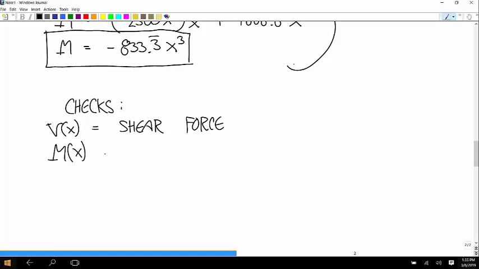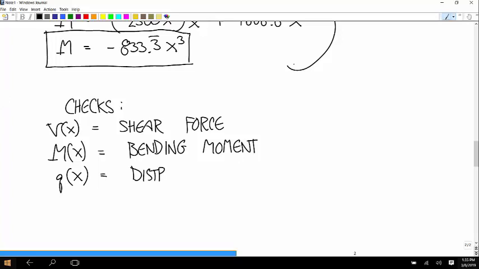M of x is the bending moment. Q of x is the distributed load function. And this has to be downward for this to work.